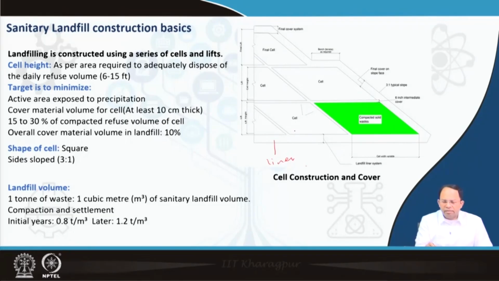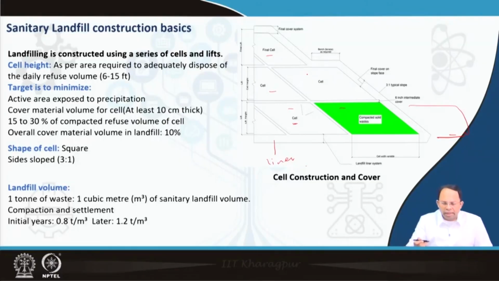Then there is something called a cell, and there is not only one cell, there are multiple cells, right? So each of these cells that you can see, first cell, second cell, there could be further cells over here as well. So this is the first layer of cells. Once the first layer is complete, then we move on to the next layer above it.